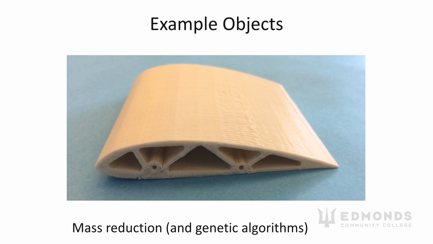Additive manufacturing, once again, because it can leave interior spaces wherever we want, not just in terms of infill, but in terms of the shell structure itself right here, also lets us reduce mass on objects. So here we have a pretty simple kind of airfoil shape. And this is designed by a human.